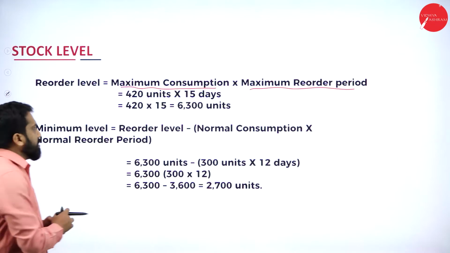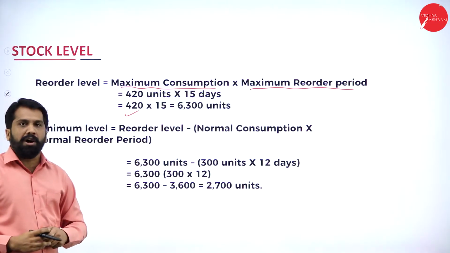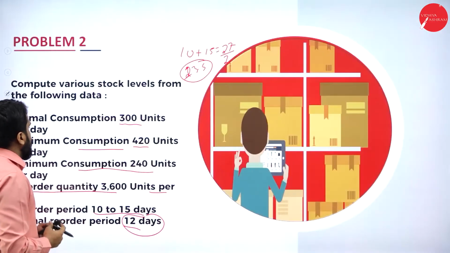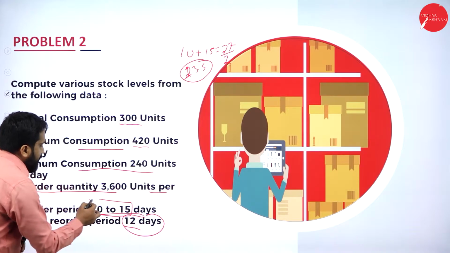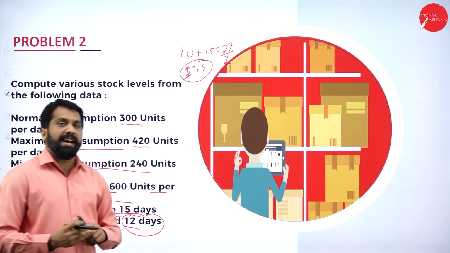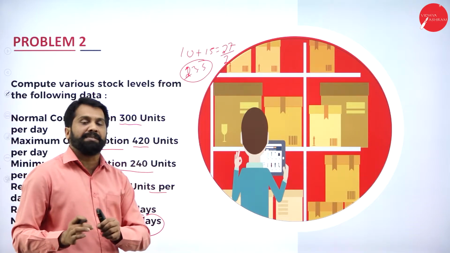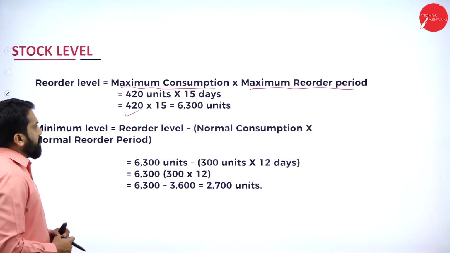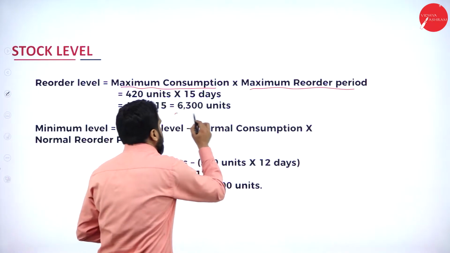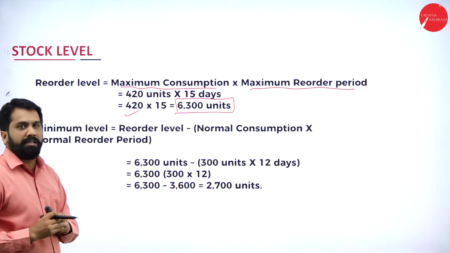Maximum reorder period is how much? Again, I'll go back. They have mentioned 10 to 15 days. What is the highest number? 15. 15 has to be considered as maximum reorder period. Now, 420 into 15, you will get 6,300 units. Hope there is no doubt in this.